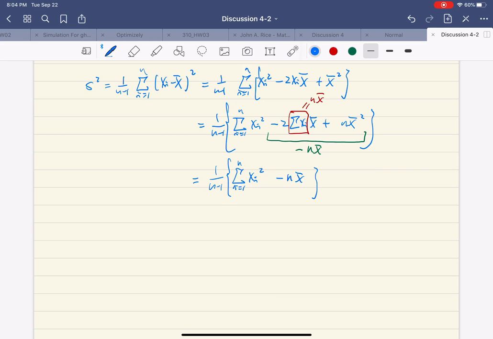And next step, we want to change Si. When Si is either 1 or 0, Si squared is equal to Si.